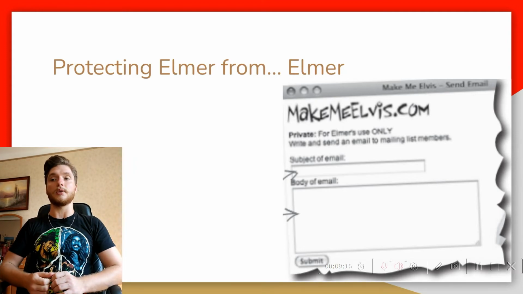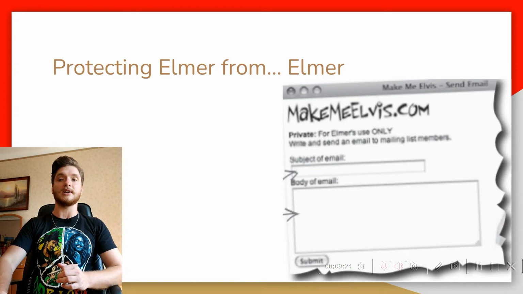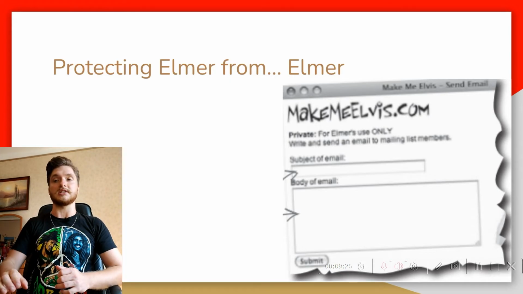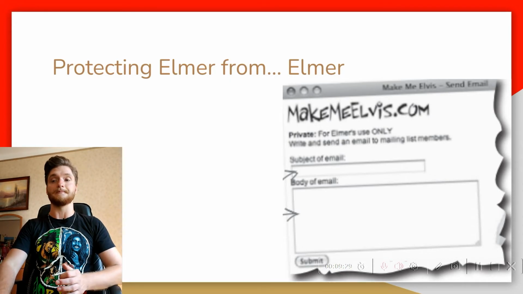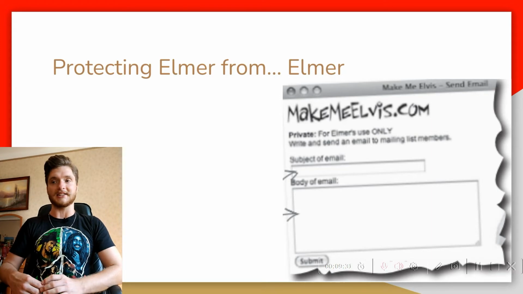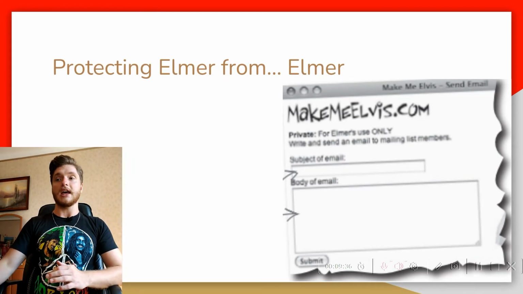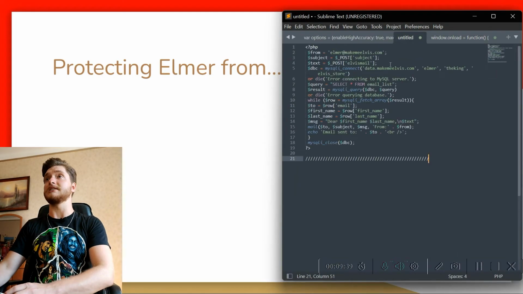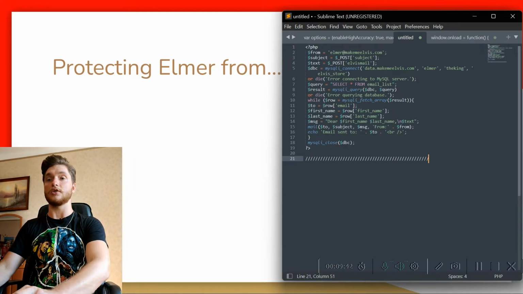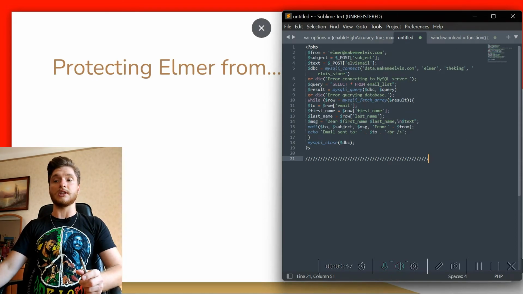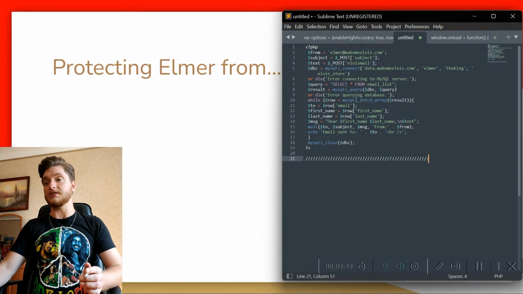The text in the form is retrieved from $_POST['subject'] and $_POST['elvismail'], and it's saved in the $subject and $text variables respectively. The problem is we use the $text in our message whether the variable contains text or not. And let's look in Sublime Text, so this is our code. And we also use $subject whether there is text in it or not.